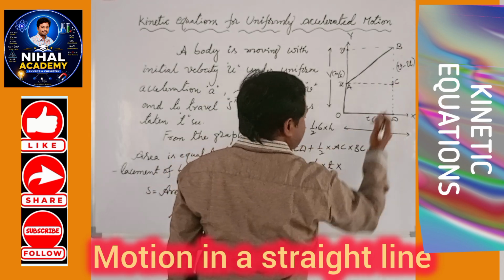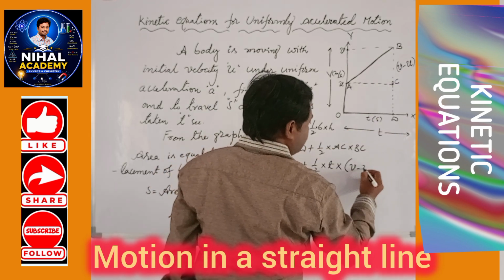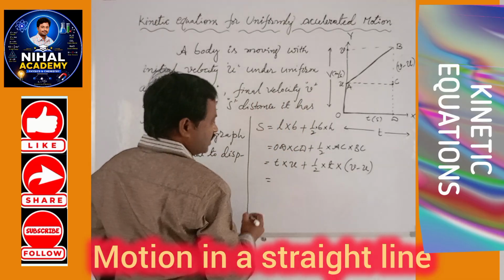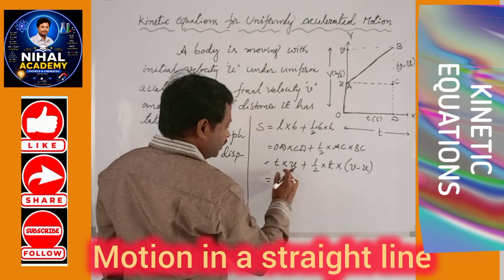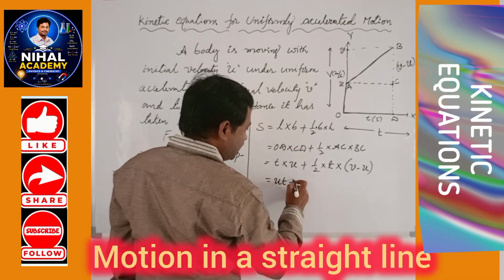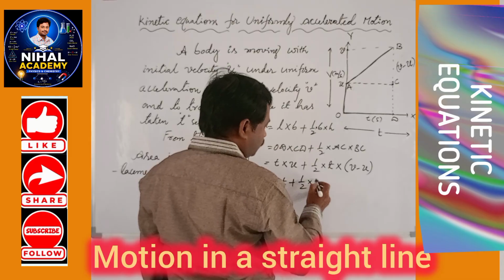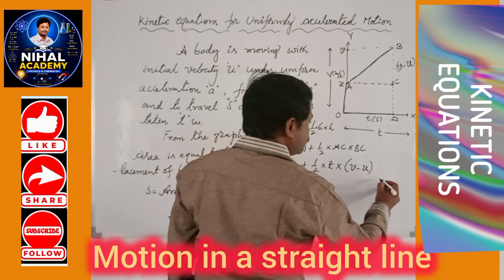BC is equal to v minus u. So this is equal to t into u, that is ut, plus half into t into v minus u.